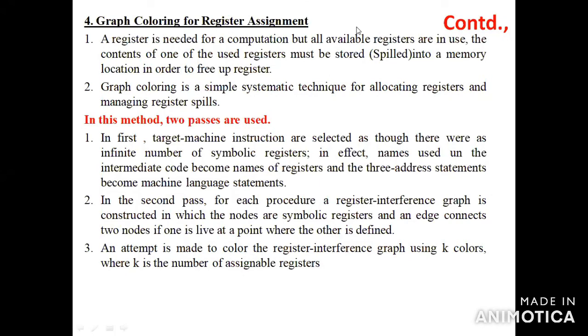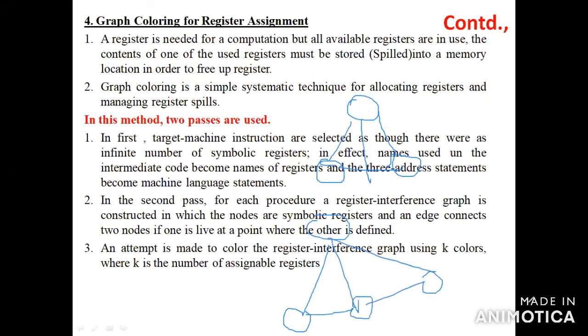For example, you are assigning colors to nodes in place of registers, here red and here green. Where two nodes share an edge, they are assigned different colors, red and green.